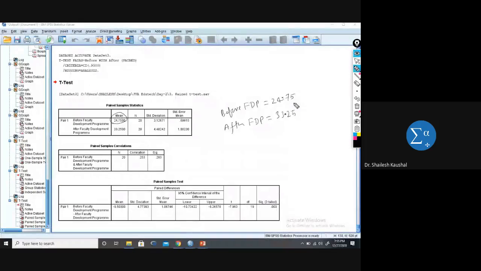It means there is a difference. I'm not saying significant. So who will say whether this difference is significant or not? P value. Now we check the P value.